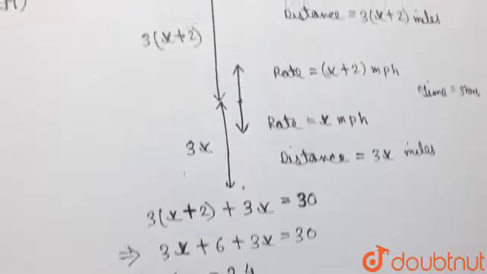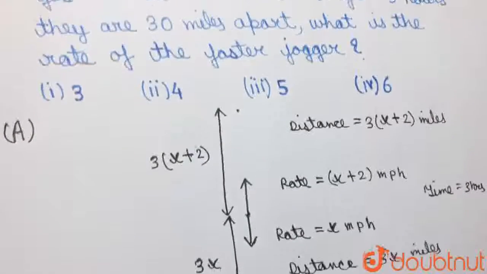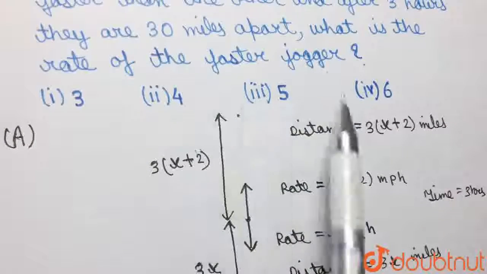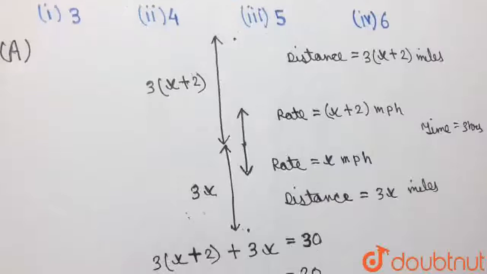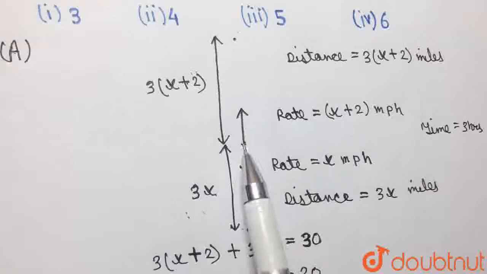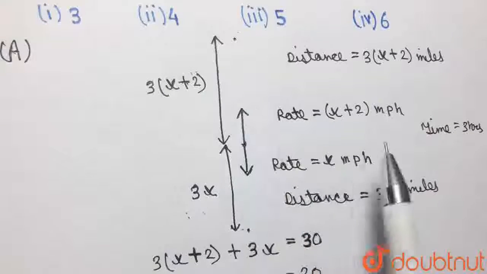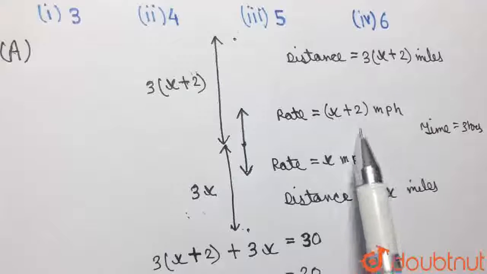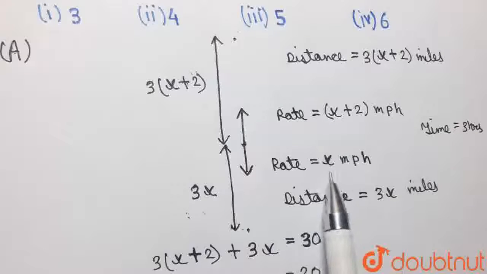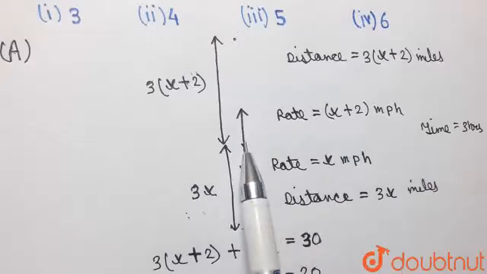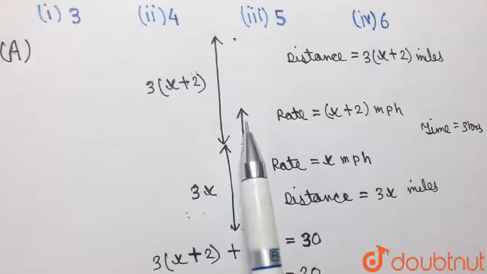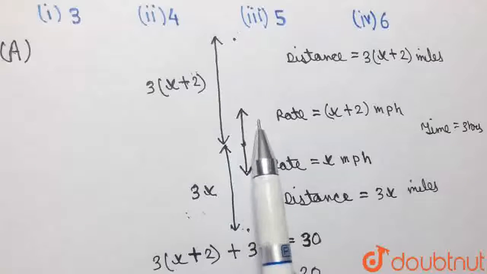Now the question asks for the rate of the faster jogger. As the rate of the jogger who ran in the forward direction is x plus 2, whereas the rate of the other jogger is x, we can conclude that the jogger who ran in the forward direction has the faster rate.